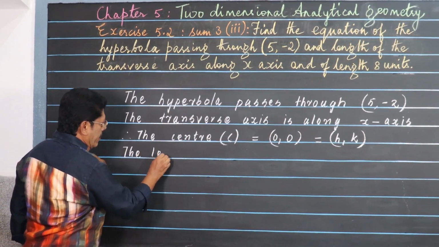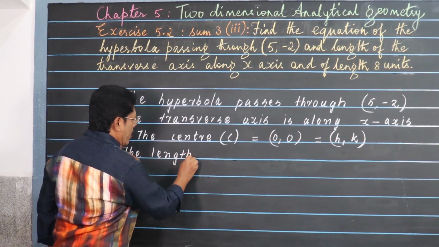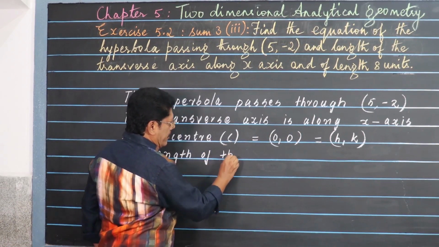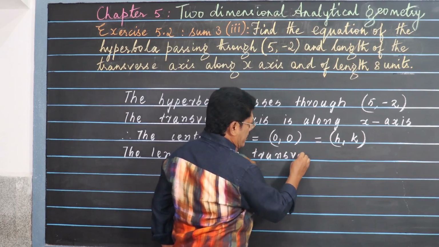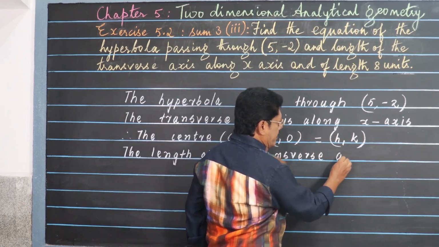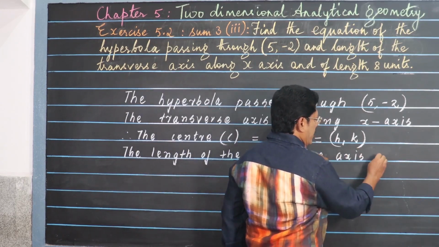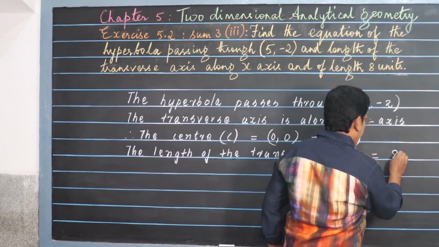The length of the transverse axis is equal to 8.